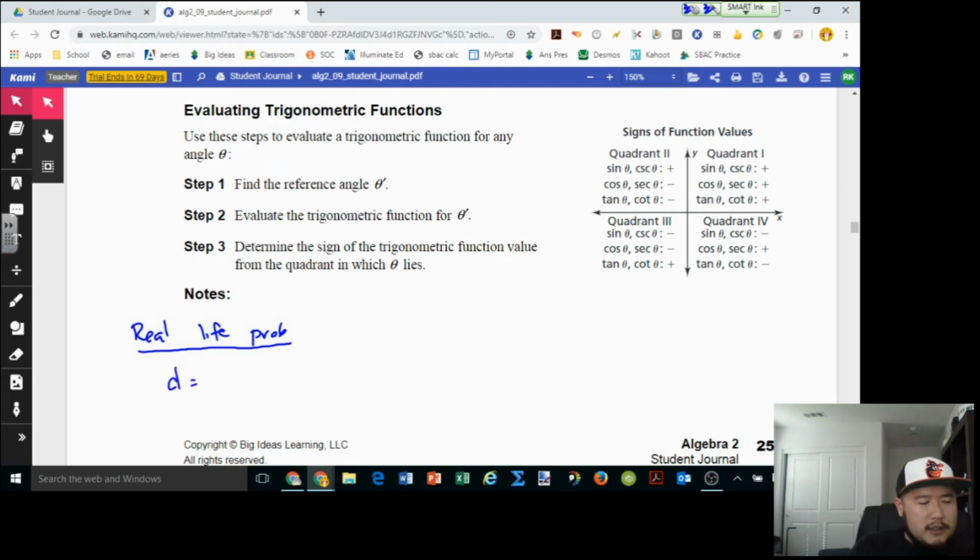D is for distance, and that's going to be equal to velocity squared divided by 32. And you're going to multiply that by sine times 2 theta. Okay, so this is the equation you're going to need to know in order to do some of the later problems in your assignment in 9.3b. Okay, so make sure you go back and take a look at those right there.